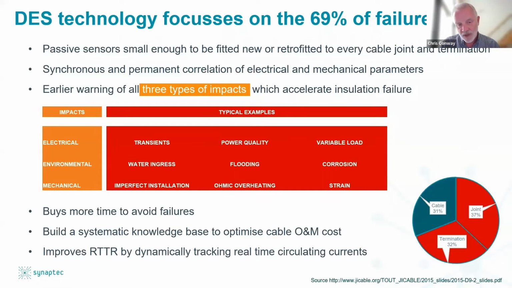From an operational point of view, an additional benefit is to provide more accurate modeling for real-time thermal rating software, because with some of the applications we're looking at, they've been able to track circulating currents, which we believe are significant by nature of the design and earthing arrangement between turbines. That's not something that's accounted for currently in real-time thermal rating systems.